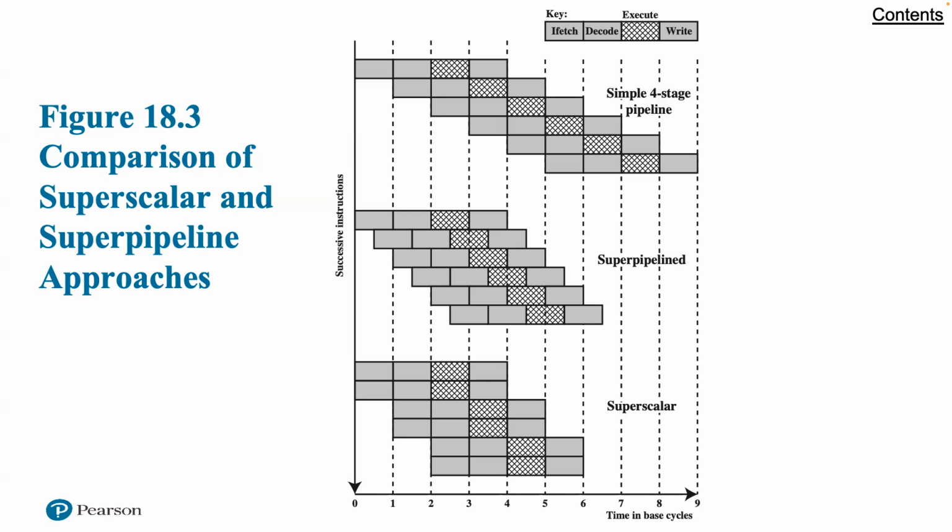Both the superpipeline and superscalar approaches depicted in figure 18.3 have the same number of instructions executing at the same time in the steady state. The superpipeline approach falls behind the superscalar approach at the start of the program and at each branch target.